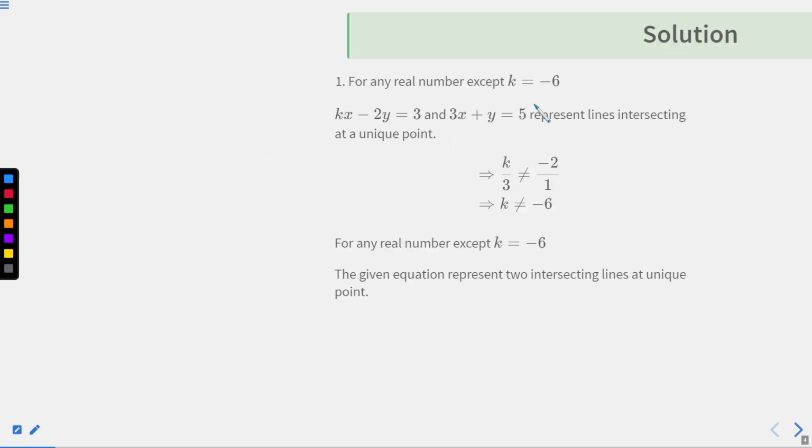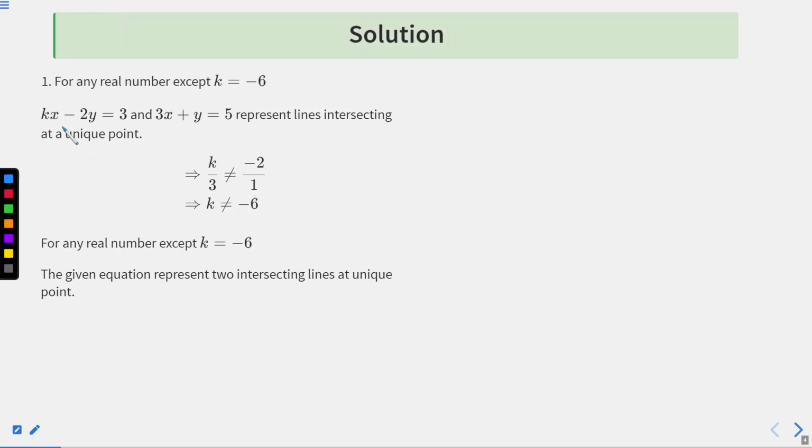So let us see how to solve. Here we are given these two linear equations, which represent lines intersecting at a unique point. We know the general form of a pair of linear equations: a1x plus b1y plus c1 equal to 0 and a2x plus b2y plus c2 equal to 0.